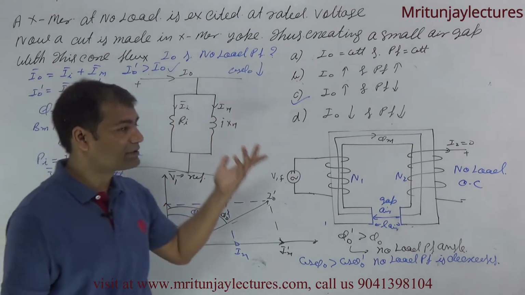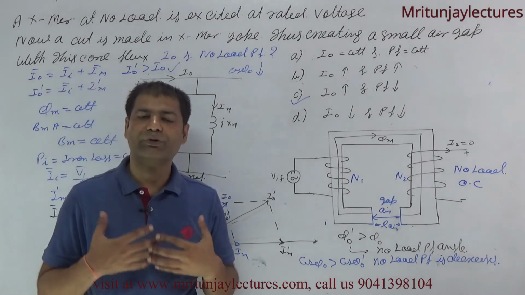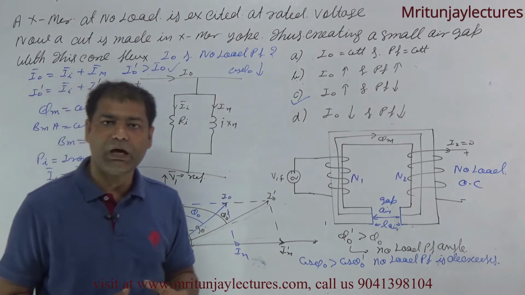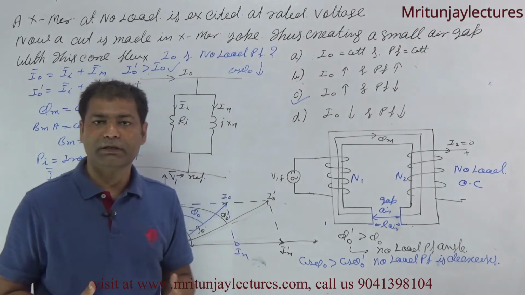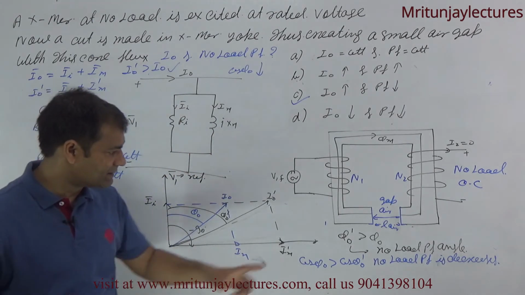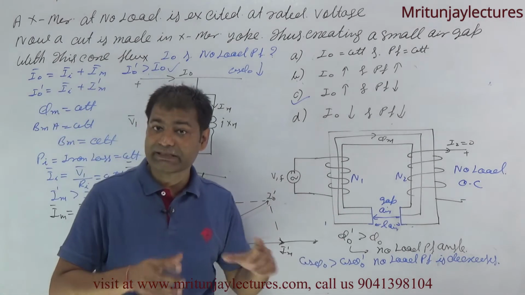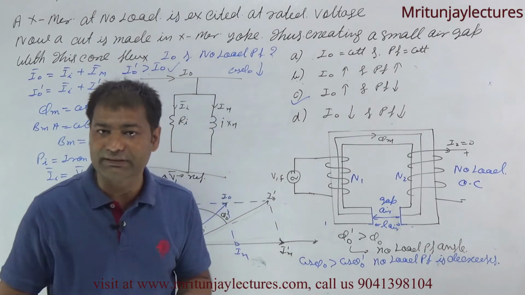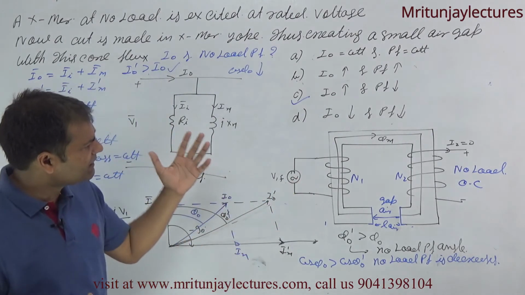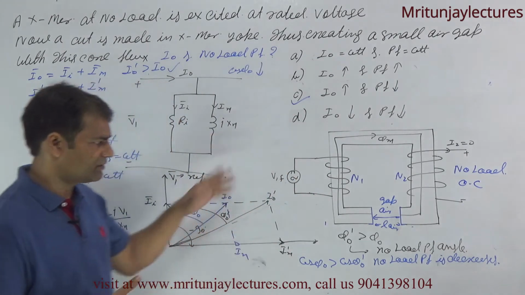Thus the core flux, the magnetizing current, the core loss component, the no load power factor, or the no load power factor angle can be asked. What about the no load power factor angle? It increases. The no load power factor angle increases, but the no load power factor decreases, and the no load current also increases. Many types of variety are asked corresponding to this condition. Okay, first of all, make it.